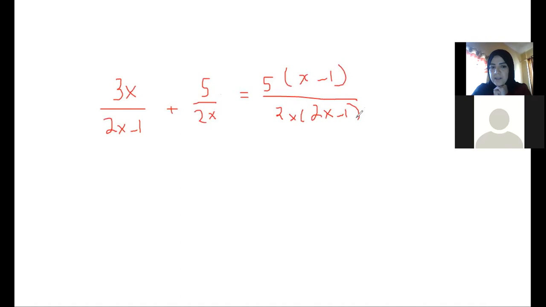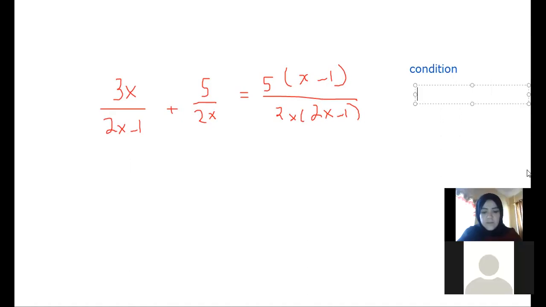What's the first thing you're going to do before anything else? The condition, because there's an unknown. Very good. So we do the condition. For the last denominator, 2x times 2x minus 1, 2x minus 1 shouldn't be 0.